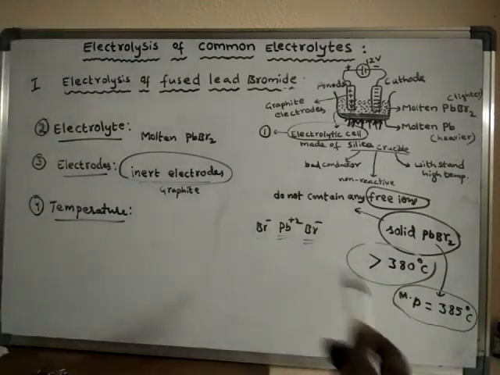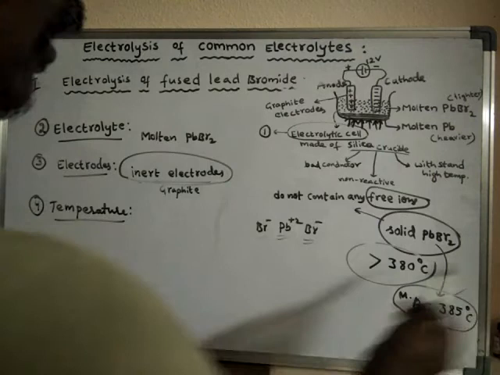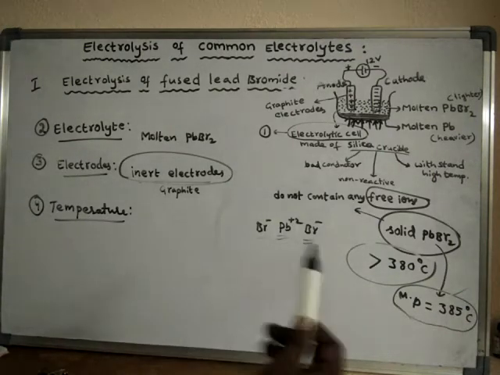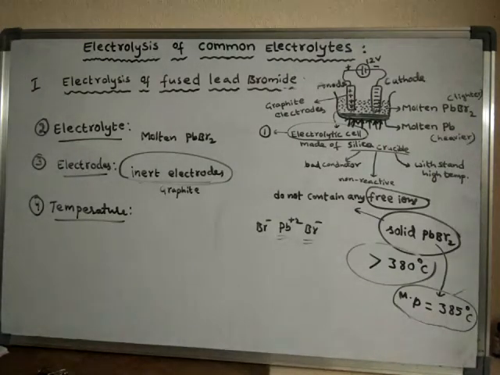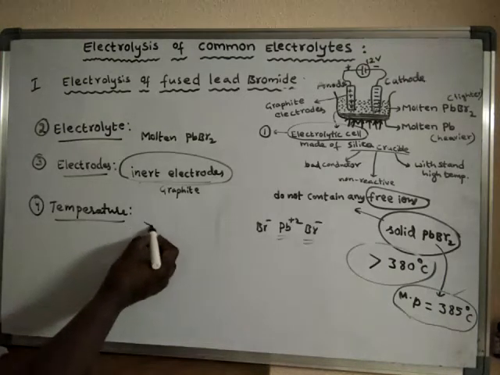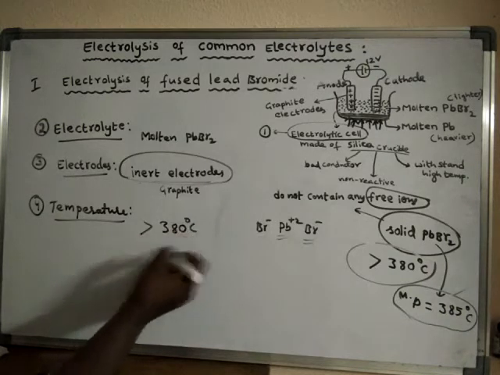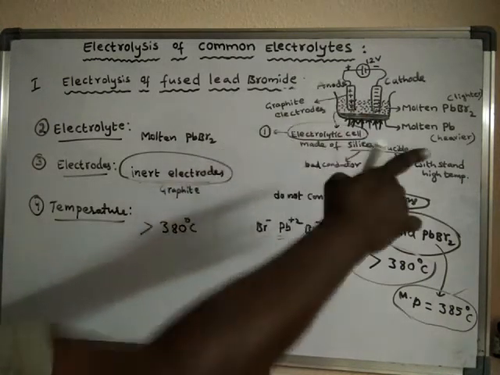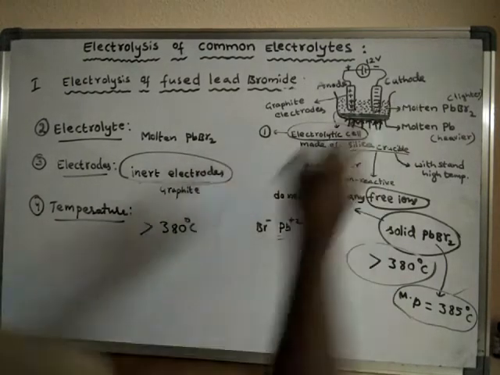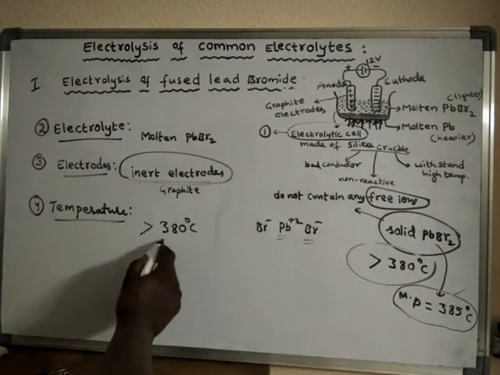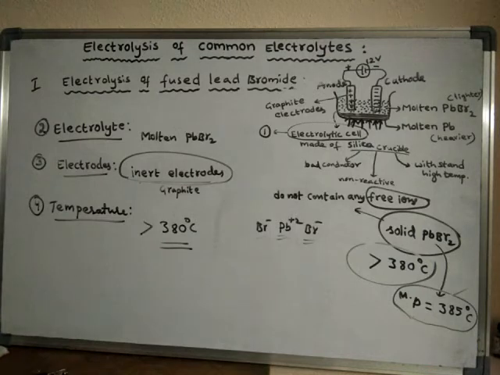We have to maintain at least this temperature so that the lead bromide is obtained in molten or fused form. So the temperature should be above 380 degrees centigrade and maintained throughout the electrolysis process.